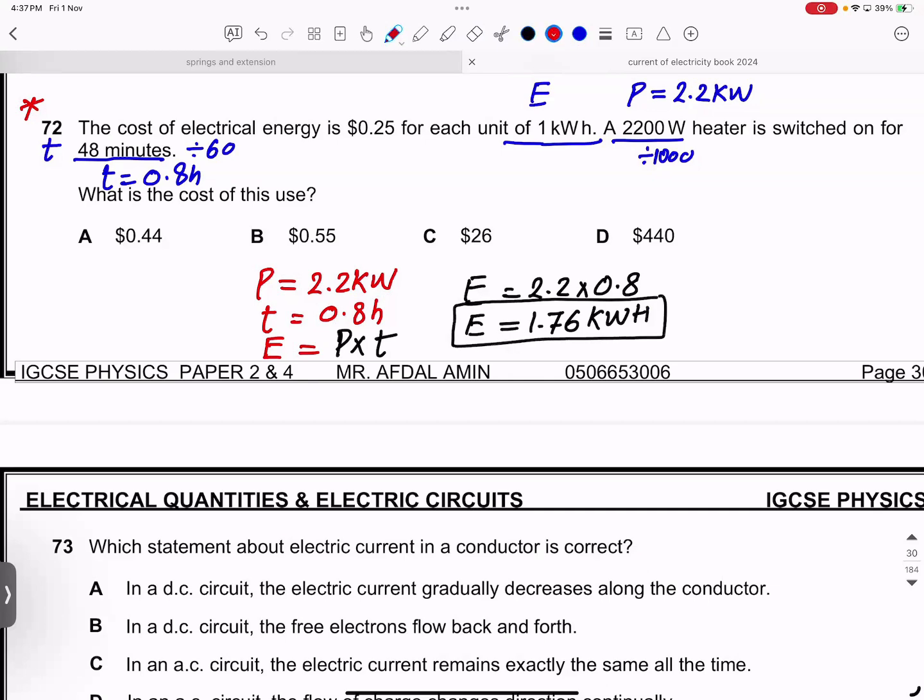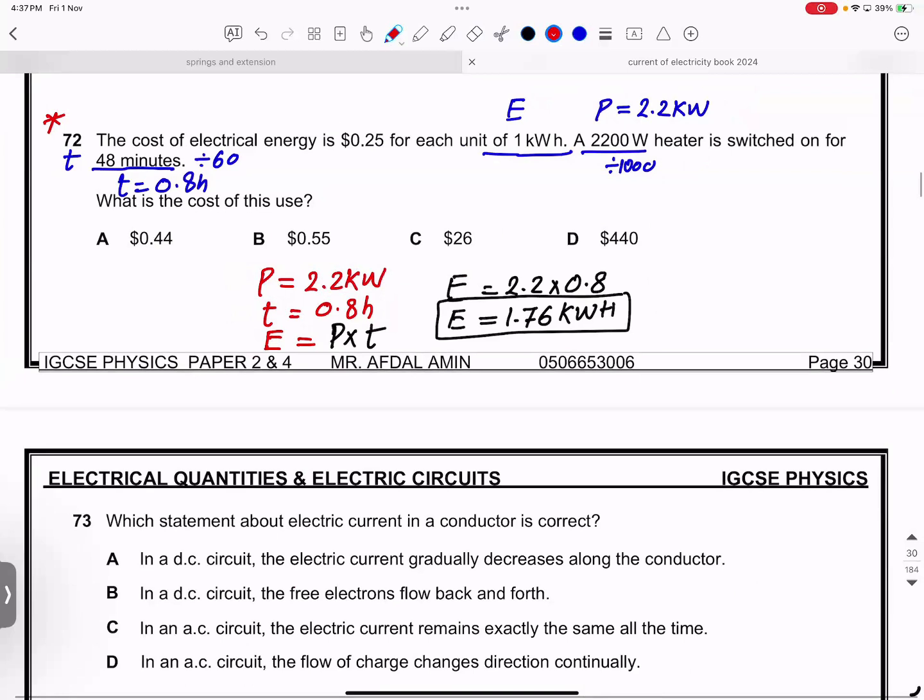Now, my dear students, you need the cost. They told you, if the energy is 1 kilowatt hour, the cost is $0.25. So if the energy is 1.76 kilowatt hours, how much is the cost?